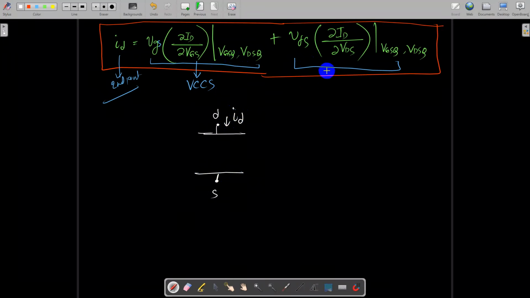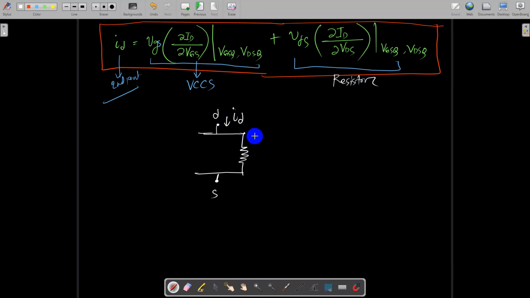For this one, dou ID over dou VDS, we can simply tell that this current is related to this drain and source, so this is nothing but a resistor.